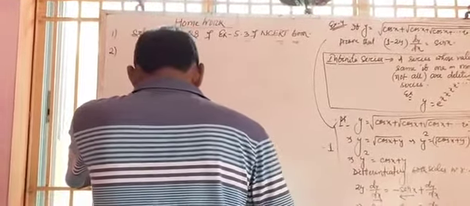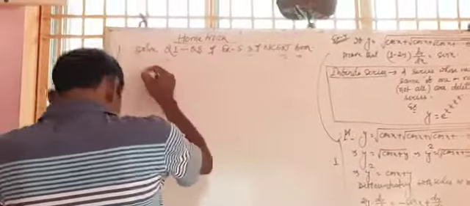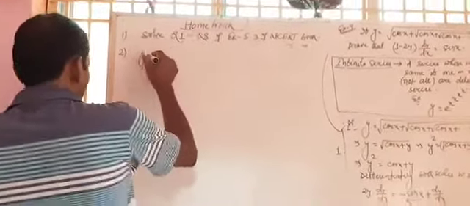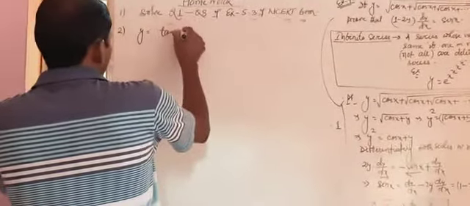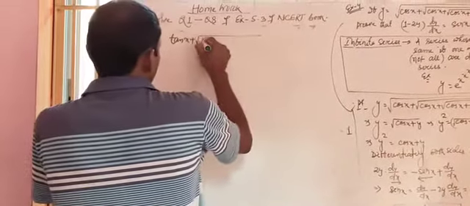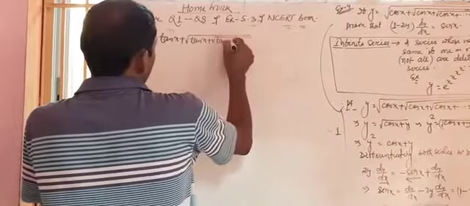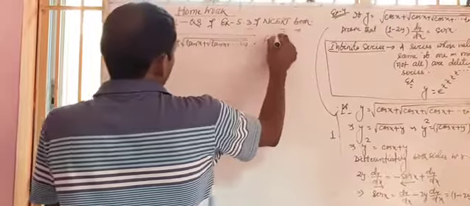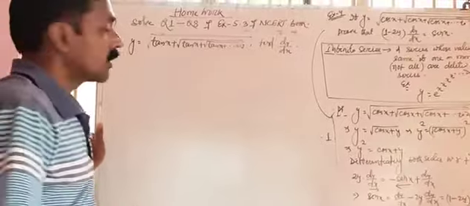It is y equal to the square root of 10x plus square root of 10x plus square root of 10x up to infinity. Find dy by dx. Here I will not give you the answer, you will find it.